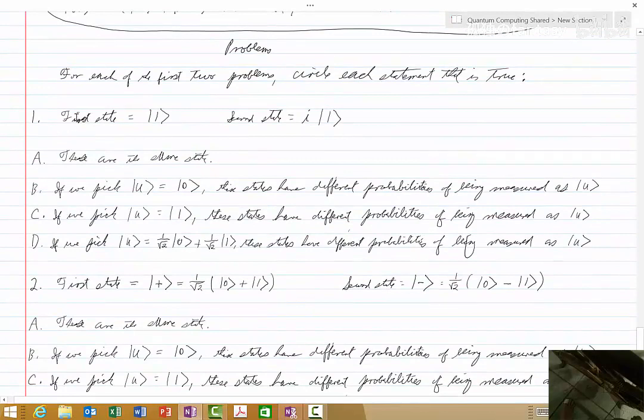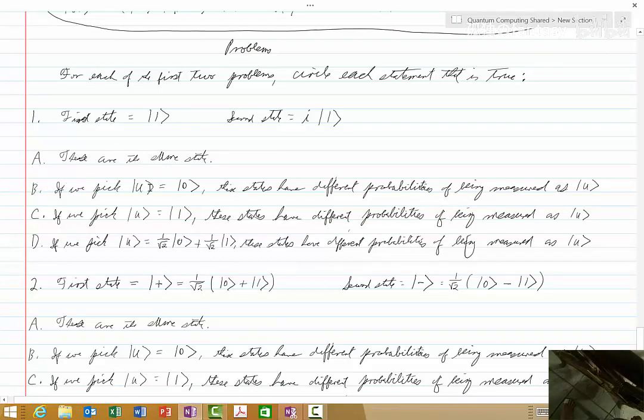Both of these problems will be like exercise 2 at the end of the second chapter. In the first problem, the first state is the ket 1, and the second state is I times the ket 1. A, these are the same state.